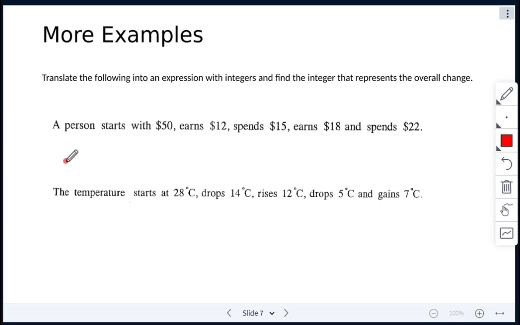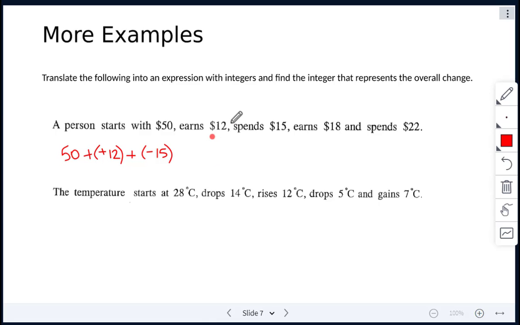So we're going to start with $50. And then they're going to earn $12. Earning $12, I'm just going to put in brackets to show it's an integer. So plus the positive 12. Then they are going to spend $15. You can just write minus 15, but since we're doing addition of integers, I'm just going to put here plus the negative 15.